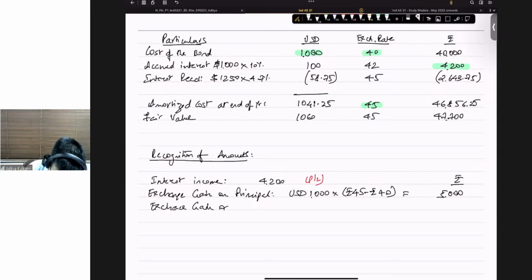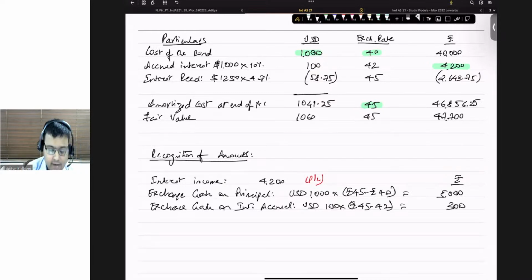Interest also accrued, so in that too you will have your exchange gain. USD 100 based on effective rate into 45 minus 42. So this is 300. Okay.